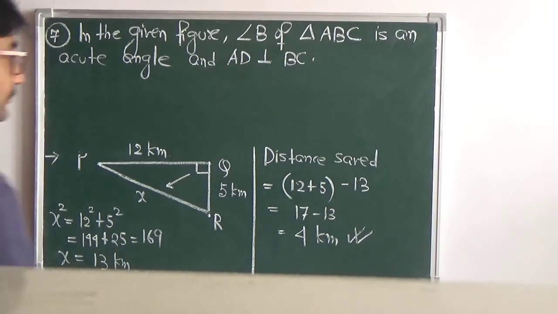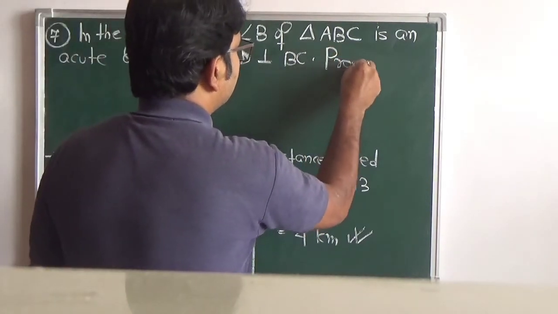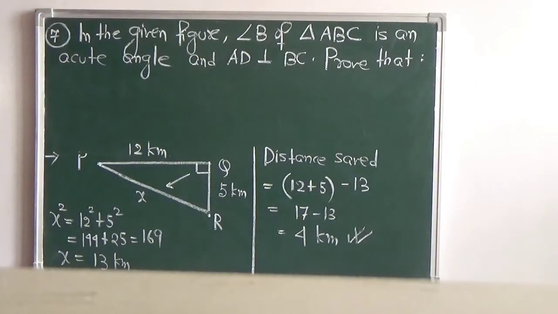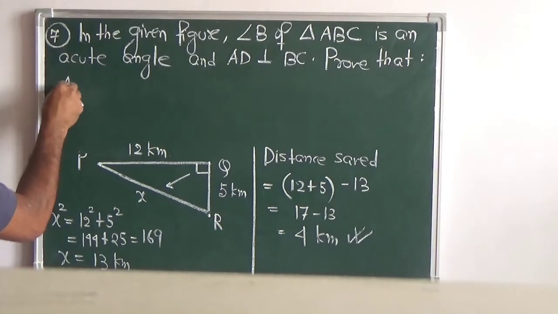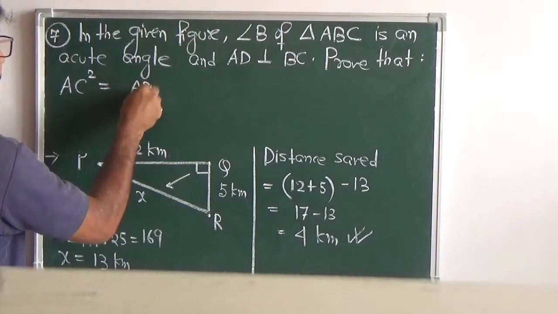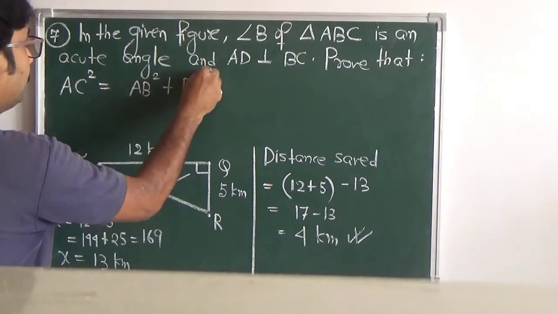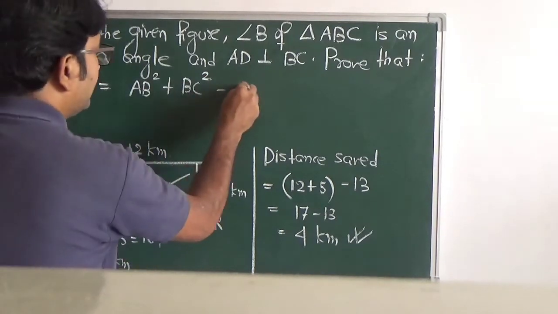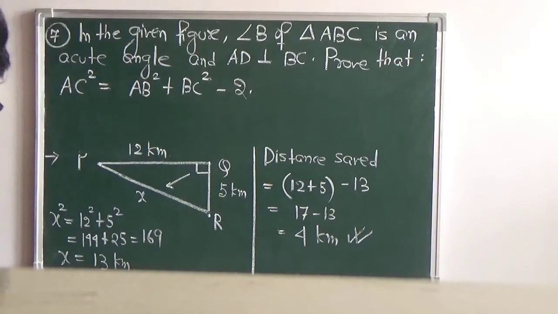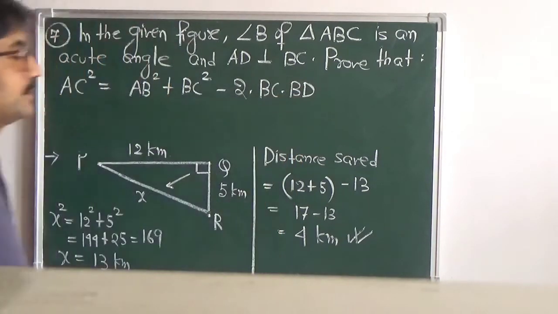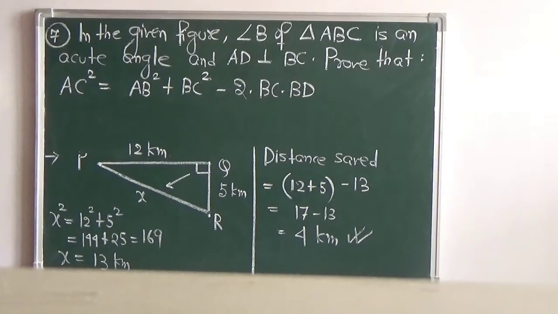Prove that AC square is equal to AB square plus BC square minus twice of BC dot BD. So this is the relation we have to generate.